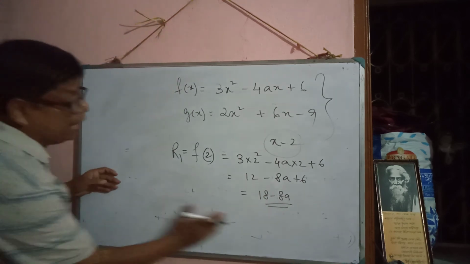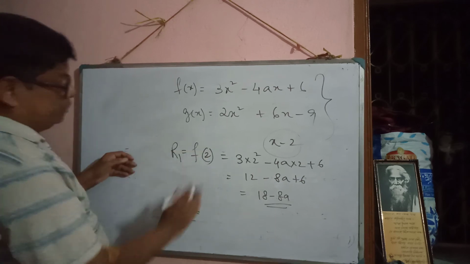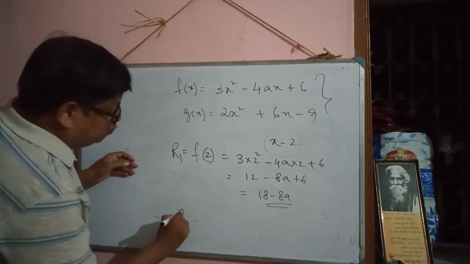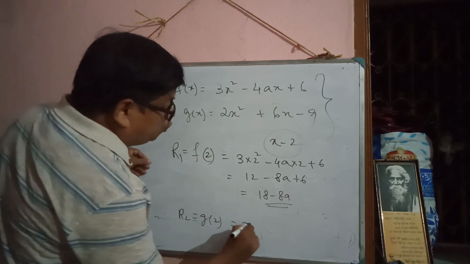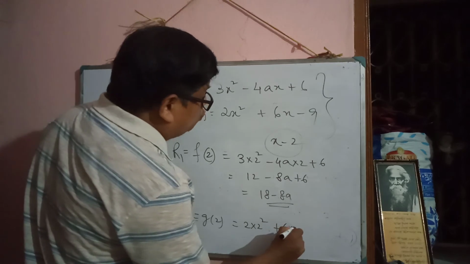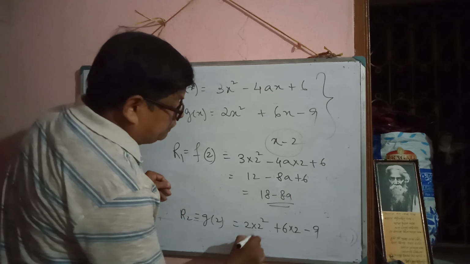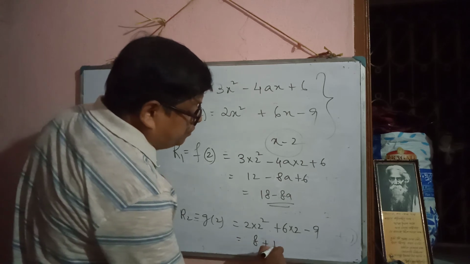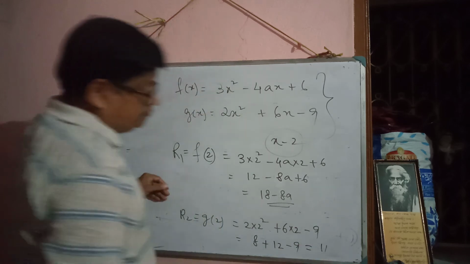For R2, that is g of 2: 2 into 2 square plus 6 into 2 minus 9, then 8 plus 12 minus 9, this is 11.